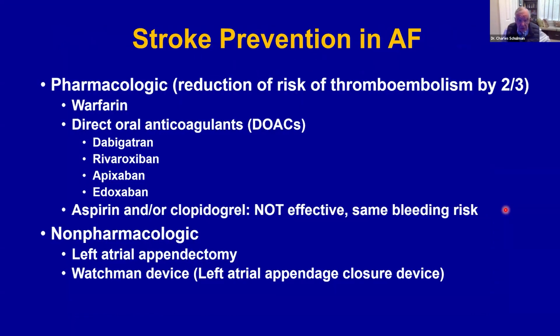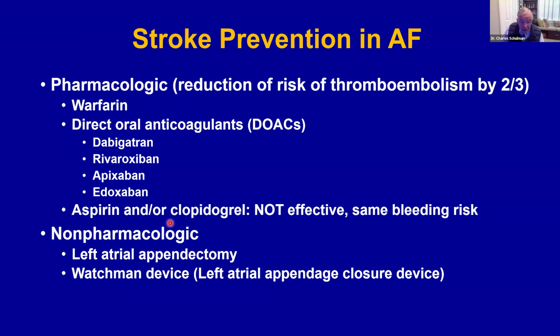So stroke prevention in atrial fibrillation can be either pharmacologic or non-pharmacologic. Pharmacologic treatment reduces the risk of thromboembolism by 2/3. So it is remarkably effective. It consists of either warfarin or the direct oral anticoagulants that we have already mentioned.